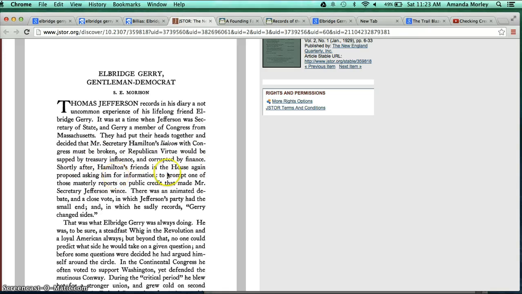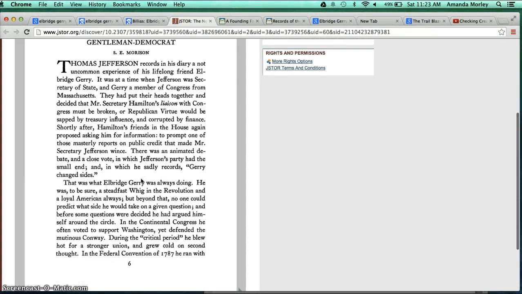Shortly after, Hamilton's friends in the House again proposed asking him for information to prompt one of those masterly reports on public credit that made Mr. Secretary Jefferson wince. There was an animated debate and a close vote in which Jefferson's party had the small end and in which he sadly records Gerry changed sides.